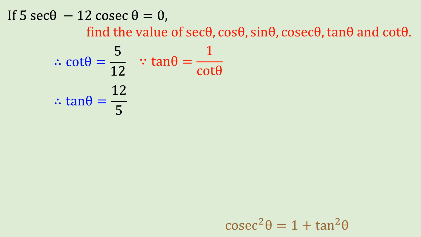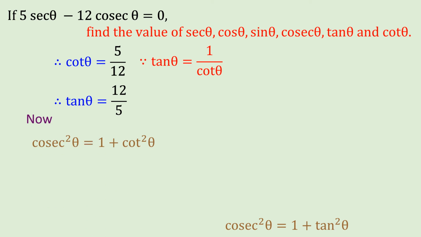In other words, cot theta equals 1 upon tan theta or tan theta equals 1 upon cot theta, so they are reciprocals of each other. That's why cot theta value 5 upon 12 became 12 upon 5. So we got two values, cot theta and tan theta, which were asked.